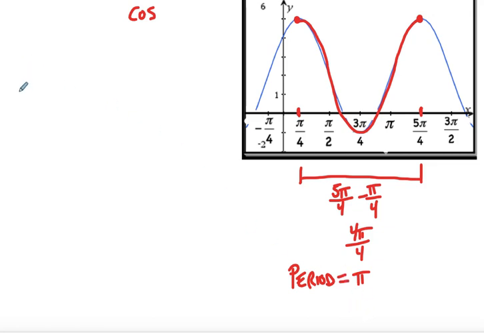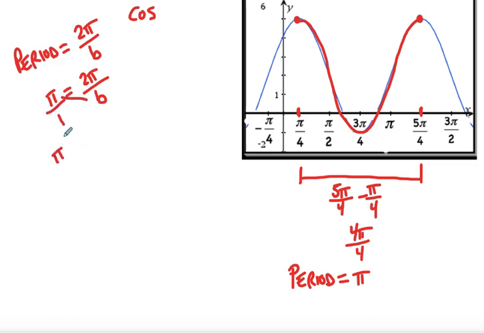If I want to find the b value, remember that the period equals 2 pi over b, and we've just identified that the period is pi. So we can solve for b. If you want to, you could cross multiply and do pi times b equals 2 pi. And in order to get the b alone, we would have to divide by pi. So that means that our b value is 2.